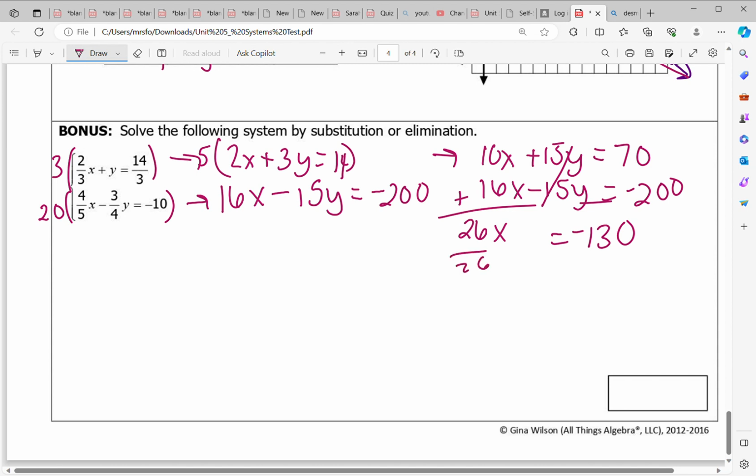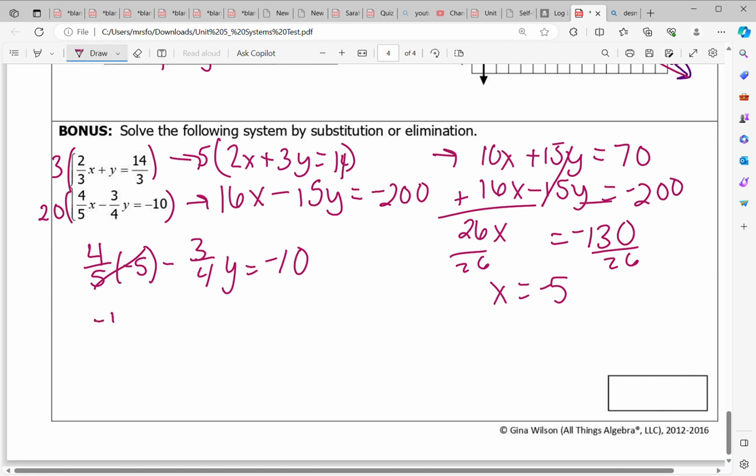And divide by 26, x equals negative 5. So now you could pick any of these. I personally would probably use the 4/5 x times negative 5 minus 3/4 y equals negative 10. So that gives me negative 4 minus 3/4 y equals negative 10. Add 4.